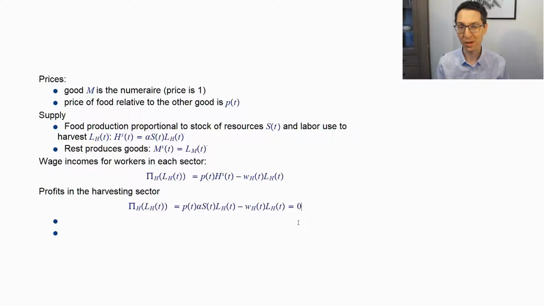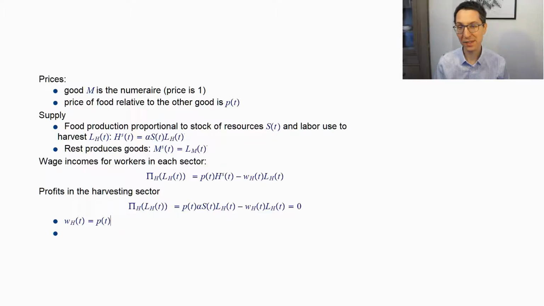So let's write this, that profits are equal to 0. And we can divide this condition directly by L_H,t to get rid of it and isolate directly the wage W_H,t. This simply gives us that the wage rate is W_H,t equals P_t alpha S_t.